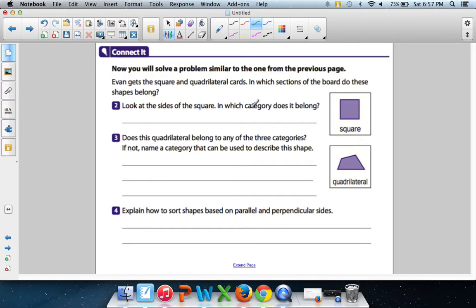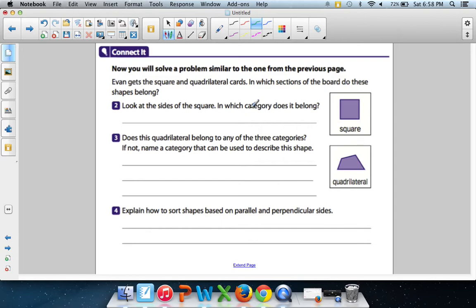Well, in order to know what's going on, you have to look at page 306. If you look at page 306, you'll see on the top, in the purple highlighted section, it talks about a math board game, which we could make in class if you wanted to. Evan plays a board game. The board is divided into three sections: parallel sides only, perpendicular sides only, parallel and perpendicular sides both.